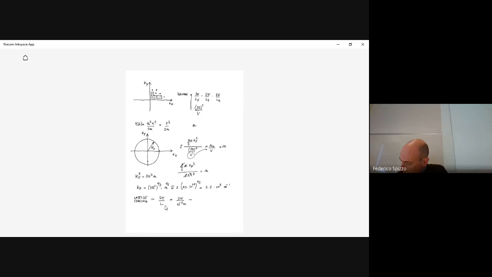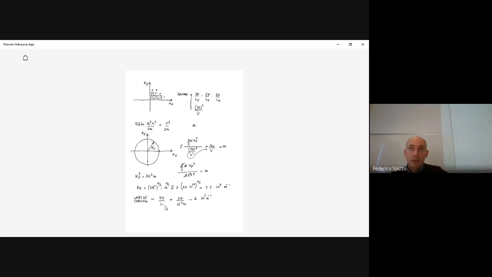So this is more or less 6 times 10 to the power of 3 meters to the minus 1. So the main conclusion is that the size of the sphere is 6 orders of magnitude larger than the lattice spacing.